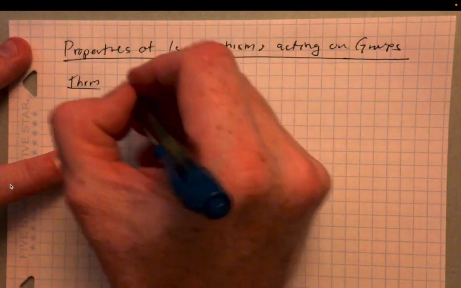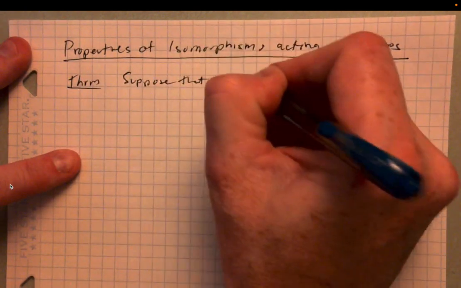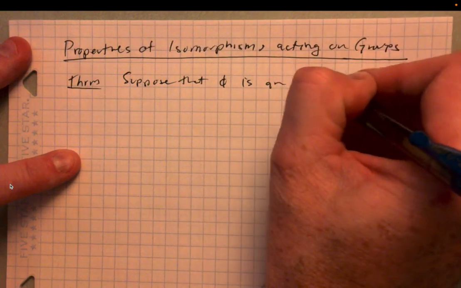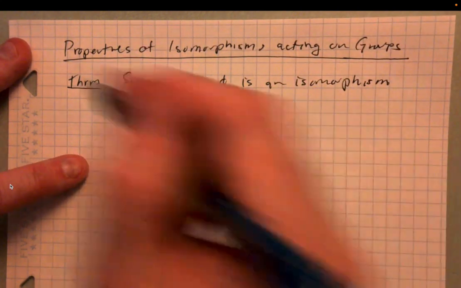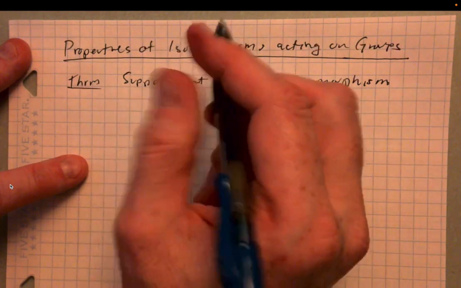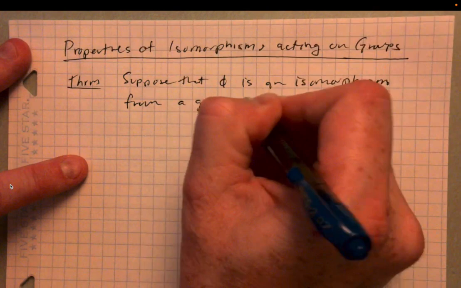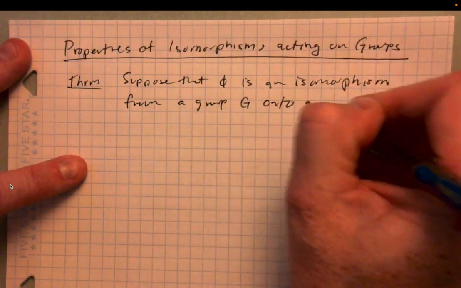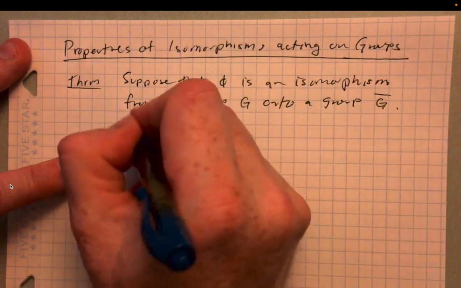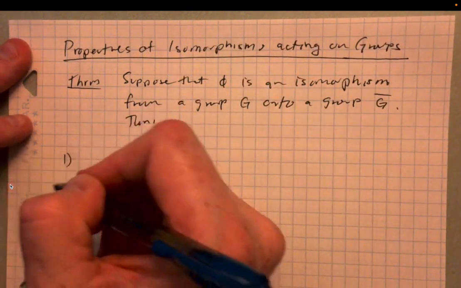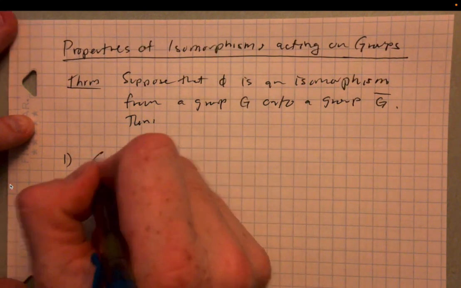Suppose phi is an isomorphism from a group G onto a group G bar. Then, first, G is abelian if and only if G bar is abelian.